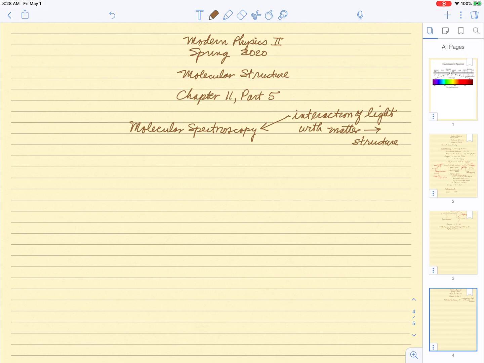Now, again, we're going to stick with diatomics, with diatomic molecules in the gas phase.